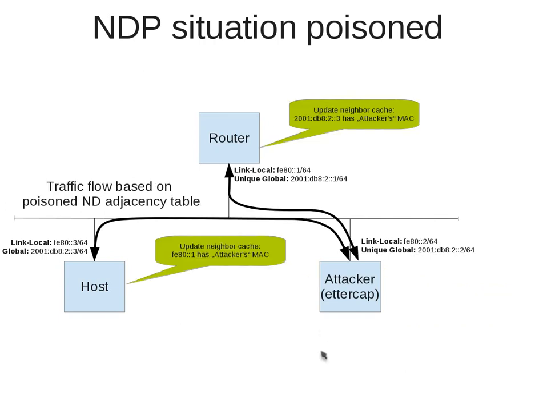And this leads to both nodes updating their neighbor cache with the poisoned information, and the router thinks that this IP address, which belongs to the host, is reachable via the Ethernet MAC address which is owned by the attacker. And the same applies for the host.